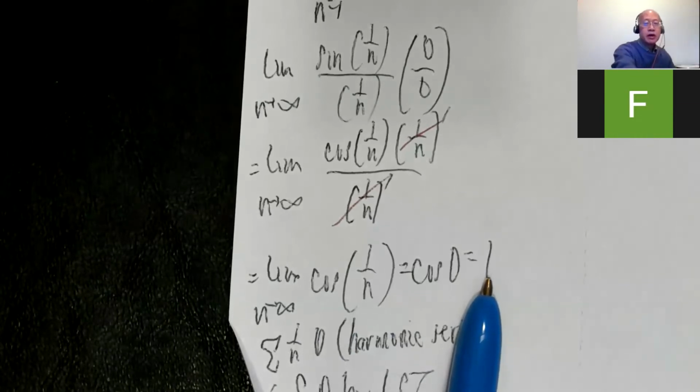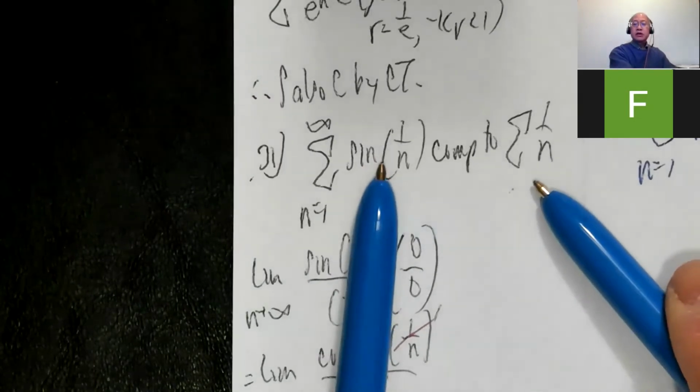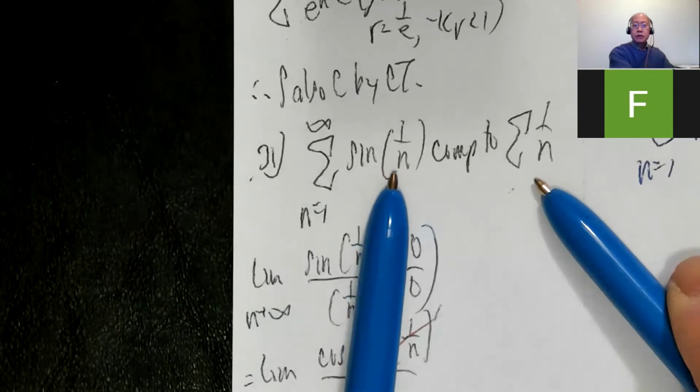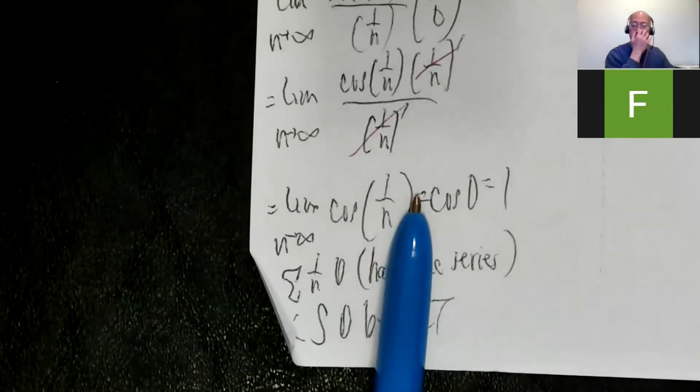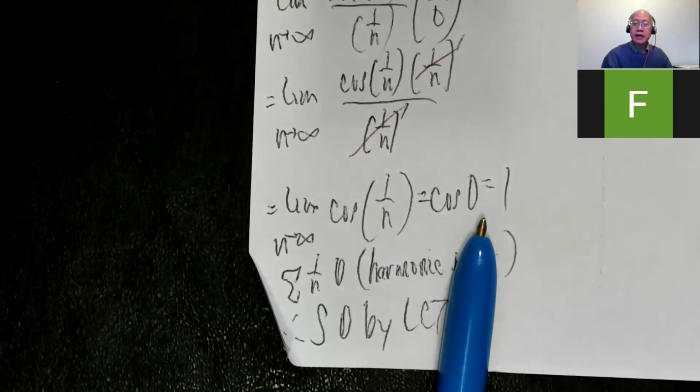So the limit comparison test says these two essentially are the same for super big n. Remember, we're doing a ratio. In the limit, the ratio is 1. That's about as close to being close as you can get.